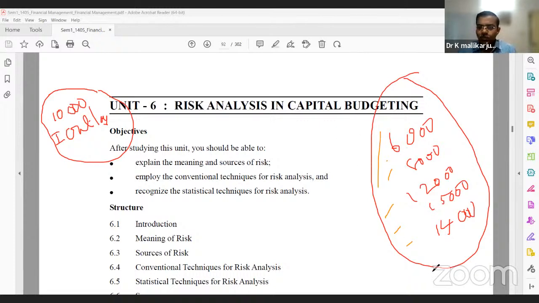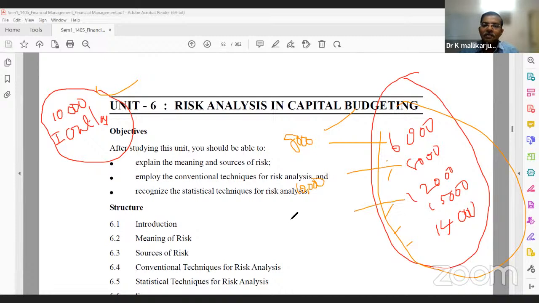Suppose we assume everything is okay, then our decision is good. But instead of 6,000 in the first year, we receive 8,000. It's okay, good. Second year, instead of 8,000, we receive 10,000. That is also good. Third year, instead of 12,000, we received only 5,000.